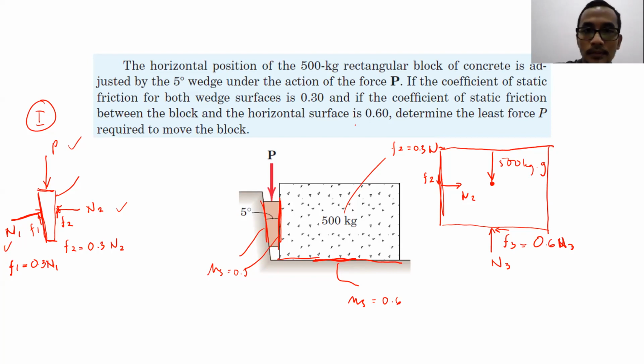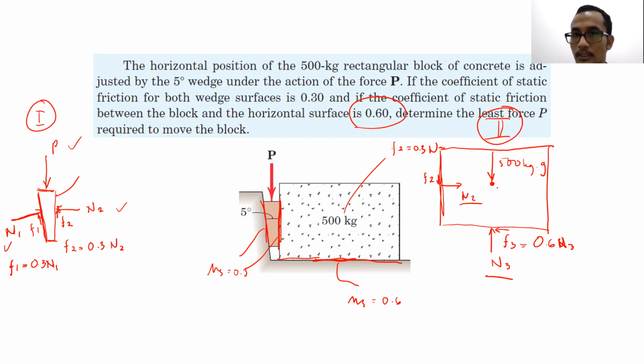Why is it like that? Because the friction coefficient there is slightly different. Remember here, in the second free body diagram, we only have 2 unknowns. The first one is N3, and the second one is N2.